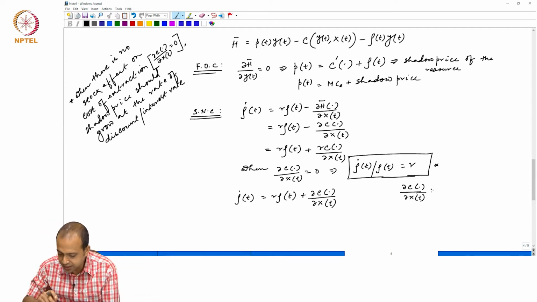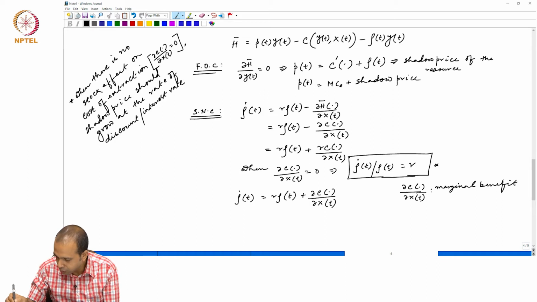So, this del C del x t, then we can think of marginal benefit of not extracting the resource today.